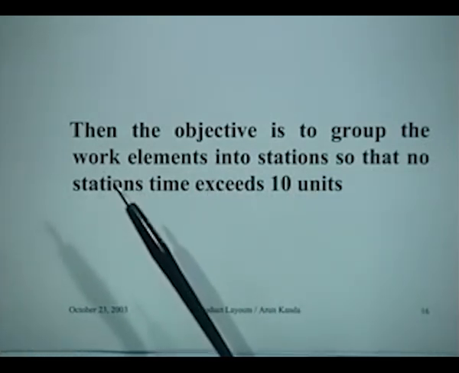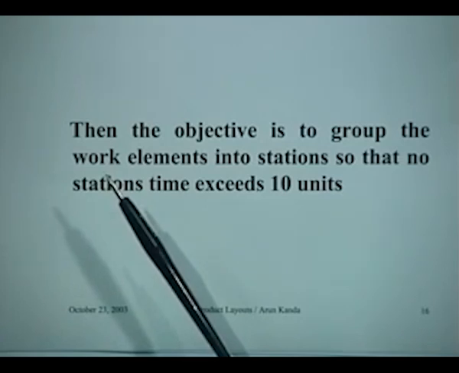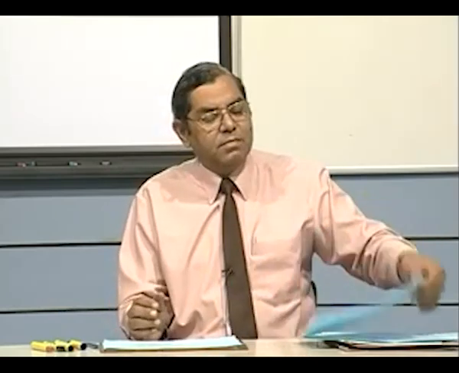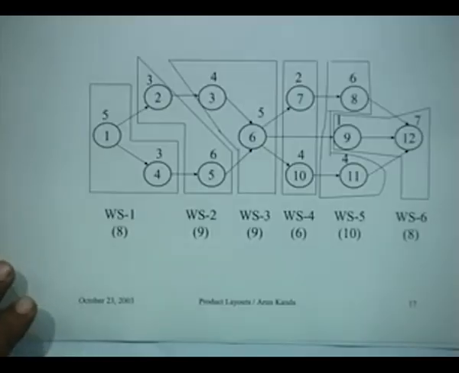Because if it exceeds 10 units, our cycle time will be more than 10, and we are designing the line for a cycle time of 10 units. How do we attain this? We could do it by inspection. No algorithm, just look at the precedence diagram, and this is a feasible solution.